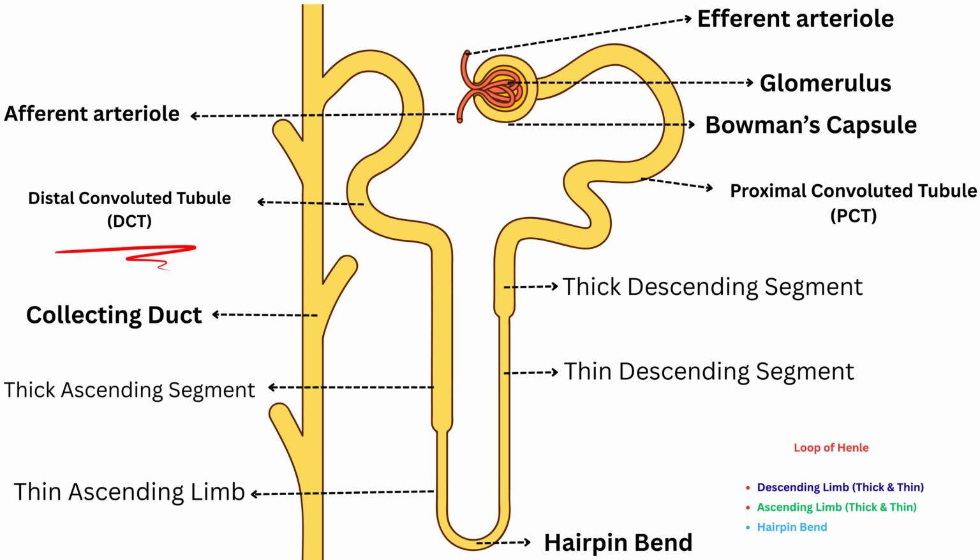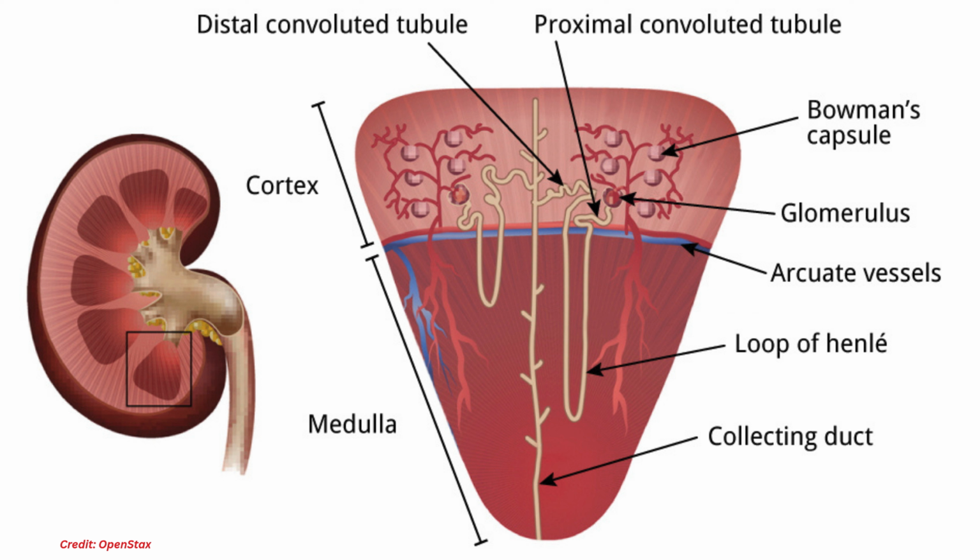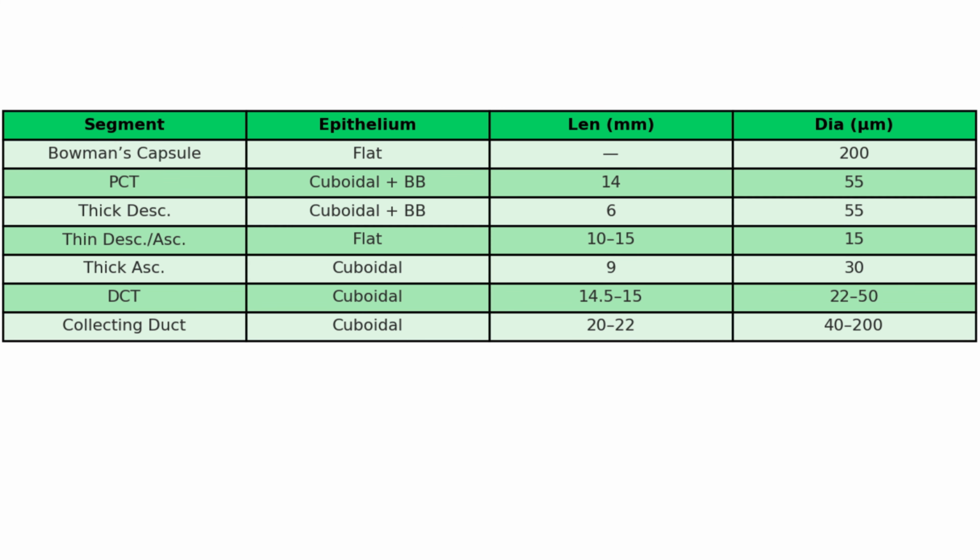We are now having a look into the proximal convoluted tubule or PCT. The PCT is a tightly coiled segment that begins right where the Bowman's capsule ends. It lies entirely in the renal cortex and continues downwards as the descending limb of the loop of Henle. The dimension is about 14 millimeters long and 55 micrometers in diameter.